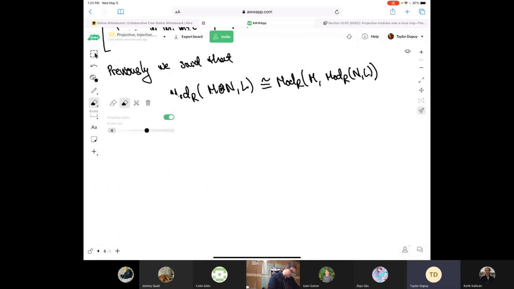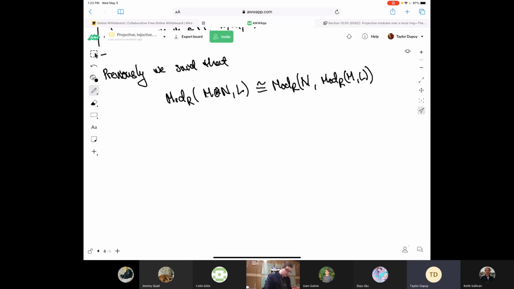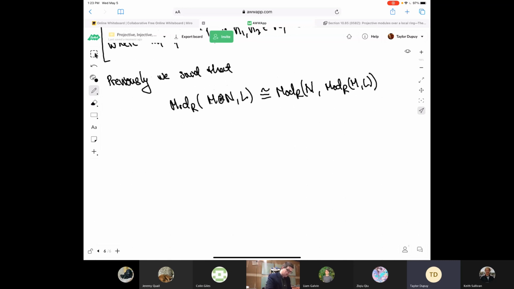I just want my notation to agree with the way I set it up in the notes here. So we said that these two things were isomorphic.